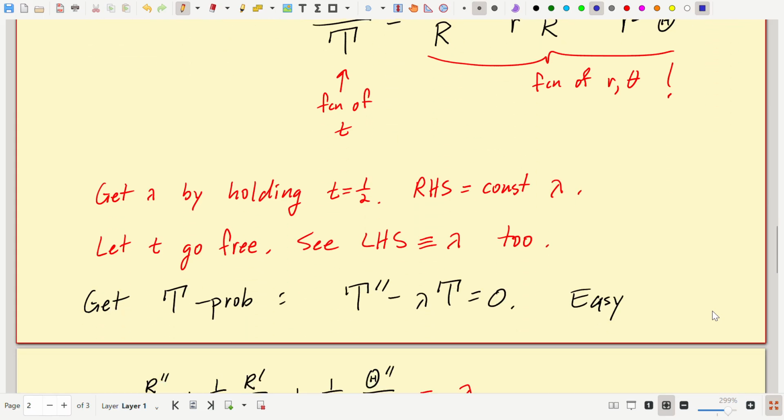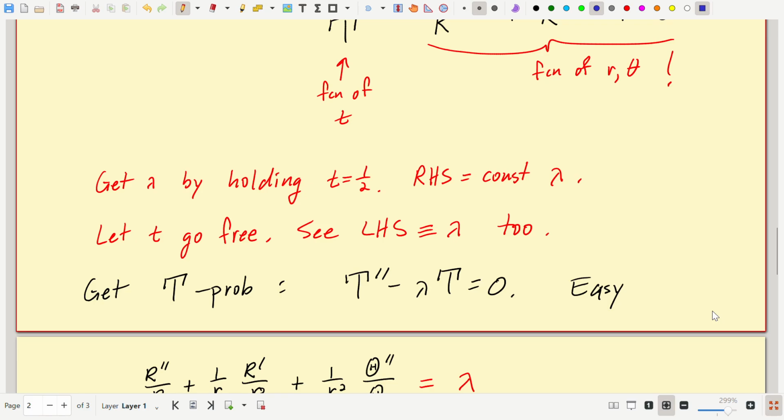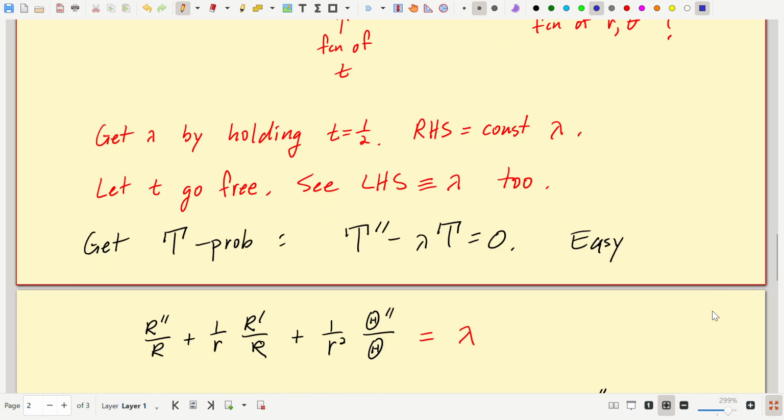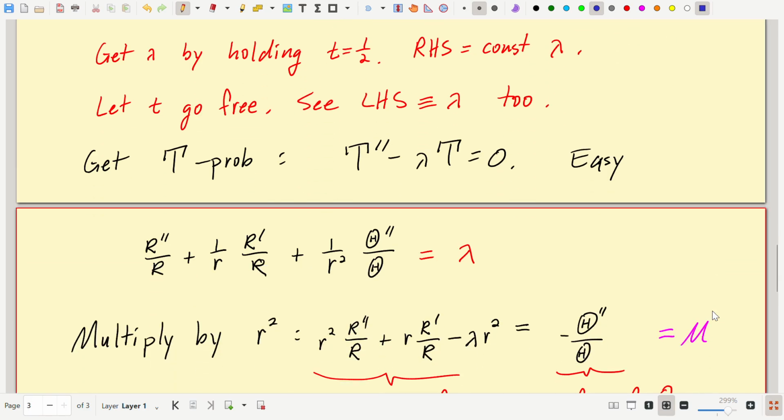Then I have a t problem, which I saved for last. That's an easy one. And then I have the rest of the stuff to look at. I look at that for a while and realize, oh, now I can pull all the r functions and the theta functions apart. Let's see, that r squared in the denominator in front of the theta double prime over theta is annoying.